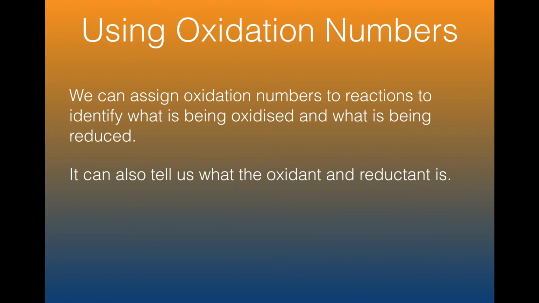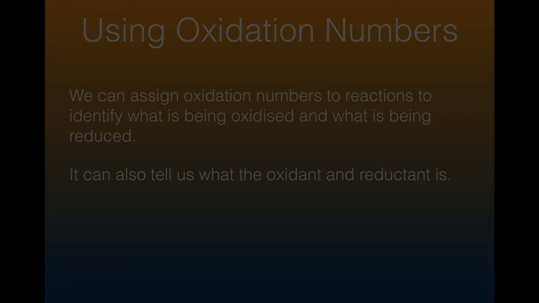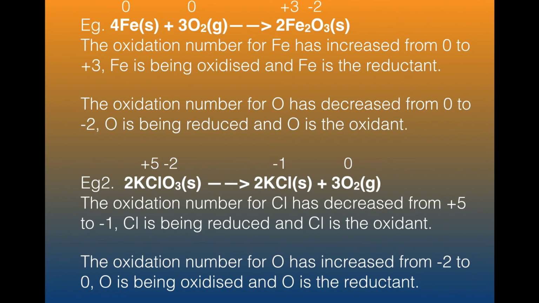We can assign oxidation numbers to species in reactions to identify what is being oxidized and what is being reduced. It can also tell us what the oxidant and reductant are. For example, in the first reaction, we have iron plus oxygen forming Fe2O3, iron oxide.